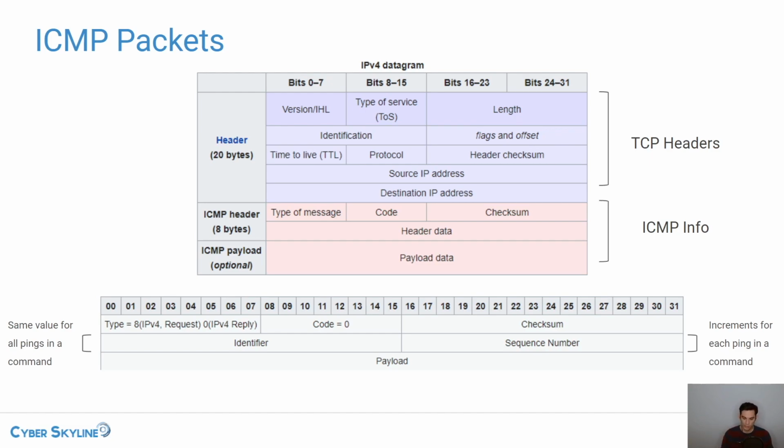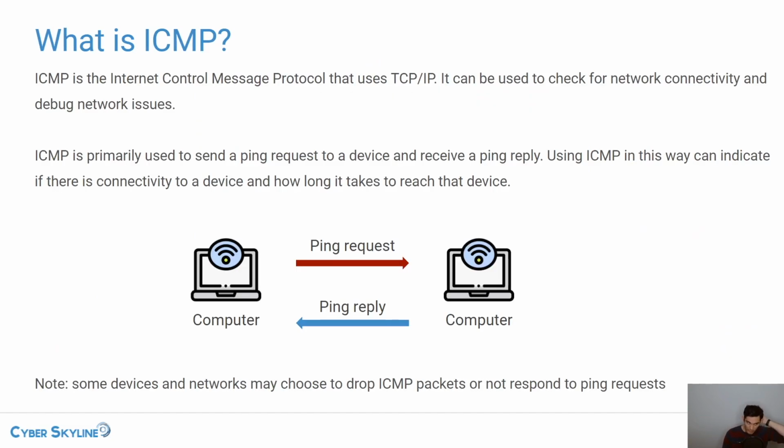When we are sending an ICMP ping, one computer is sending a request to another computer, saying, hey, please respond to me and let me know that you're available. And then that computer will subsequently send a reply back. When the first computer receives that reply, that's when it knows, okay, I can reach that other computer. It'll also get some additional information like how long it took for my request to get there and come back.